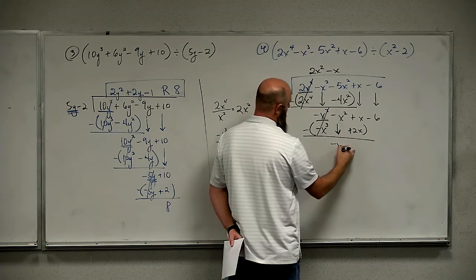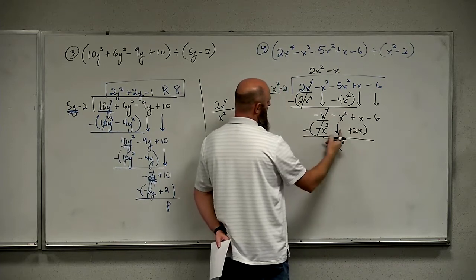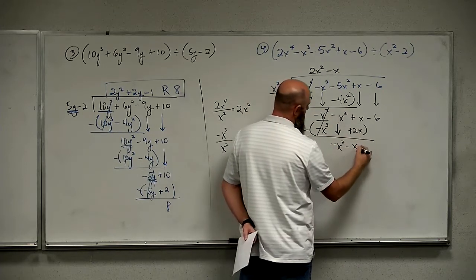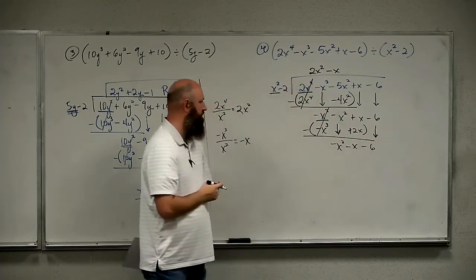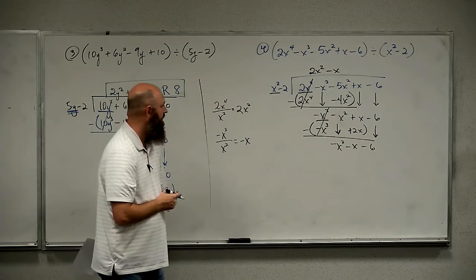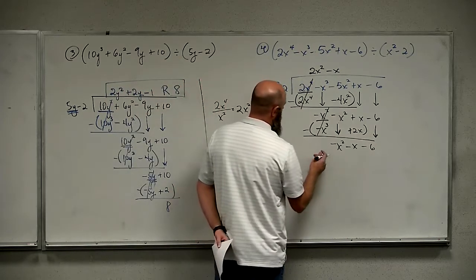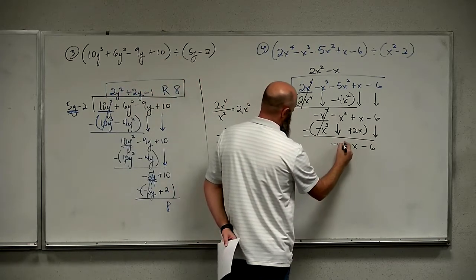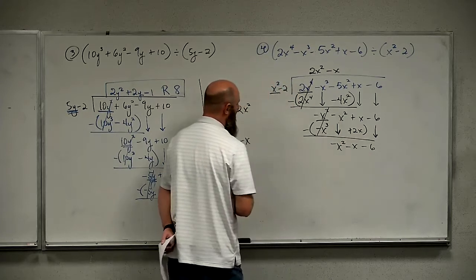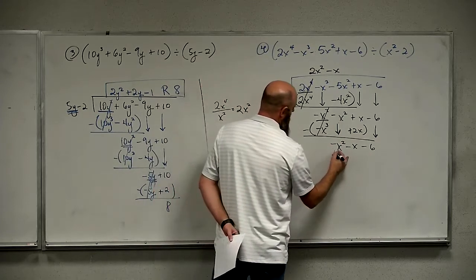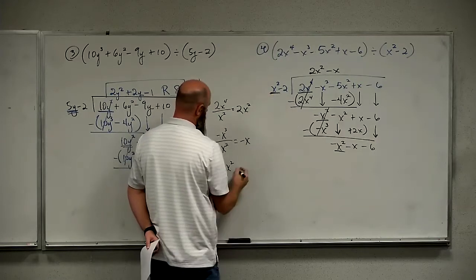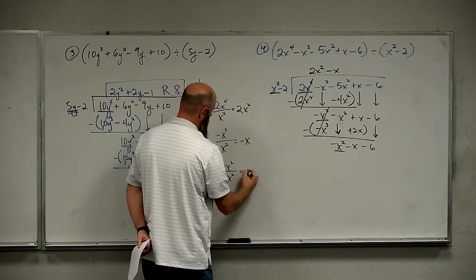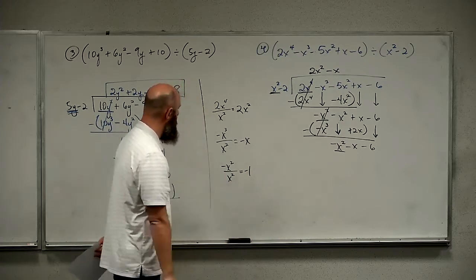So these cancel. I forgot to put my minus sign there. This one's going to come down. X minus 2x is a negative x. And that 6 is going to come down. That was a square here. Let me make sure I write that properly. All right, so now we're going to take that negative x squared and divide by our x squared, and that equals negative 1.